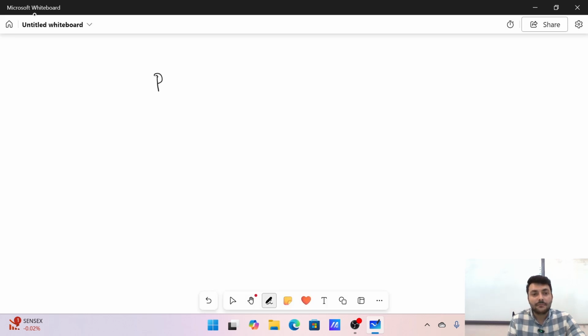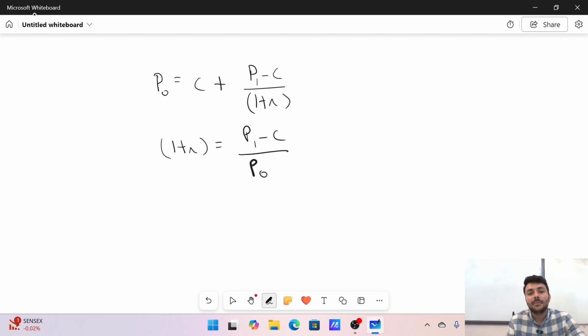So we have P0 equals C plus (P1 minus C) divided by (1 plus R). Now we have to make further adjustments to this equation, wherein we will get 1 plus R equals (P1 minus C) divided by (P0 minus C).